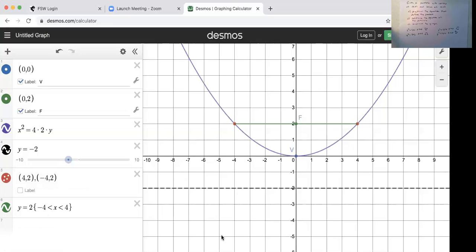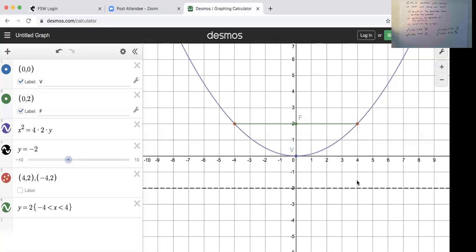But again, the parabola is the set of points equidistant from the focus and the directrix. The vertex is 2 units from the focus, 2 units from the directrix. This point on the latus rectum is 4 units from the focus, 4 units from the directrix, which is known as double p, 2 times p. 2 times p is 4. So 4 units this way, 2 times p, 4 units that way is how we find the points on the latus rectum.